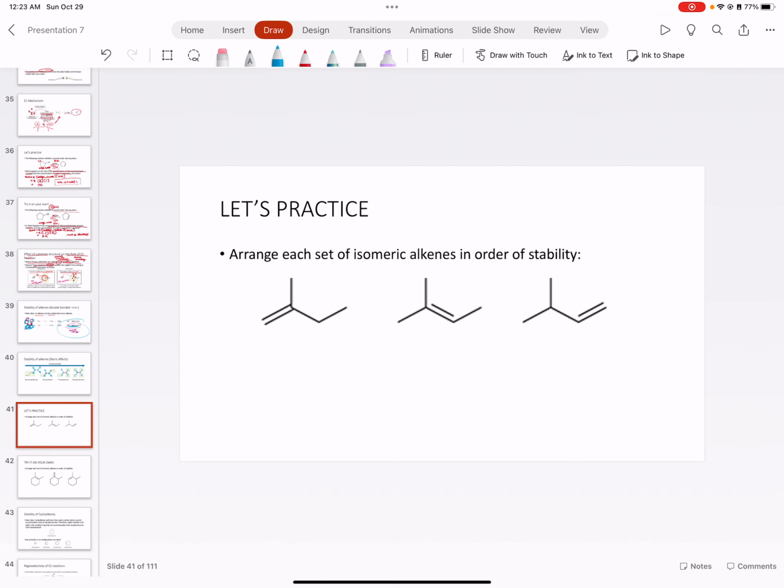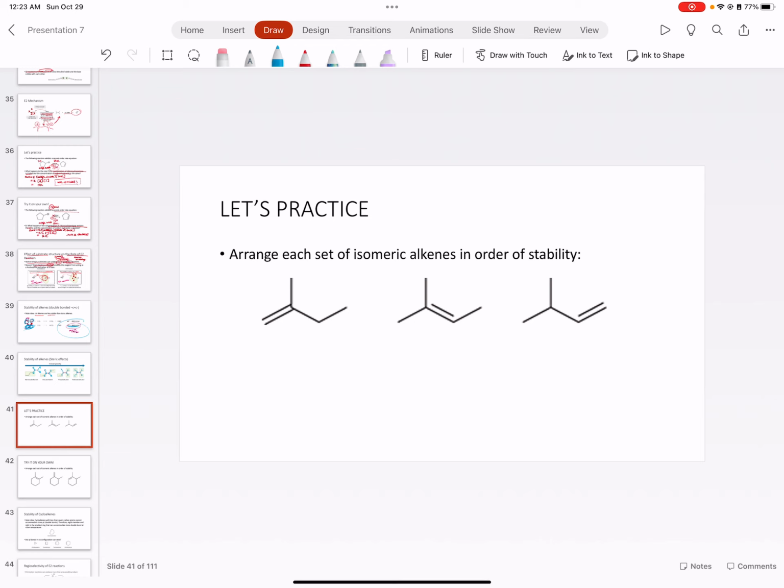So right now we're just going to practice identifying monosubstituted, disubstituted, trisubstituted, and tetrasubstituted, and technically seeing which one will be more stable. So let's see.